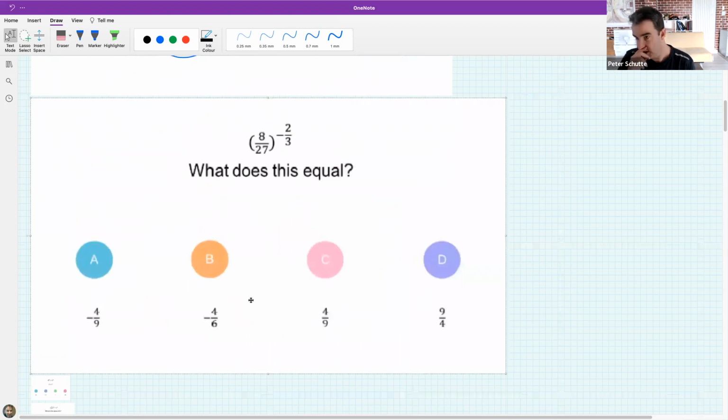Okay, so this is the last question we're going to do before our break. And so we're going to slow right down so that people who have questions can ask. I want you to figure out what is 8/27 to the power of -2/3. Now, there are no calculators allowed in these questions. So Bonga, no calculators, I'm afraid.